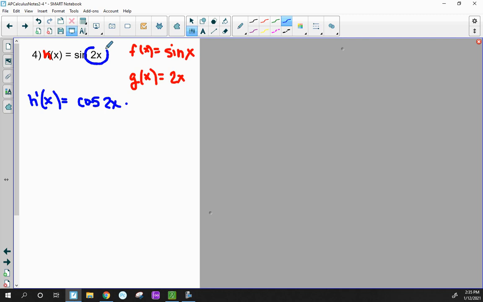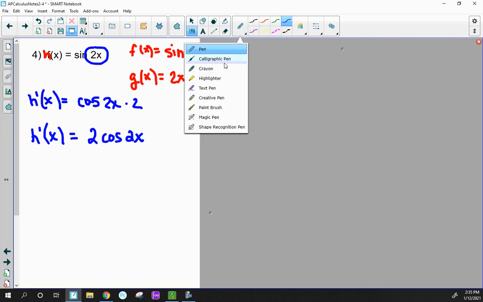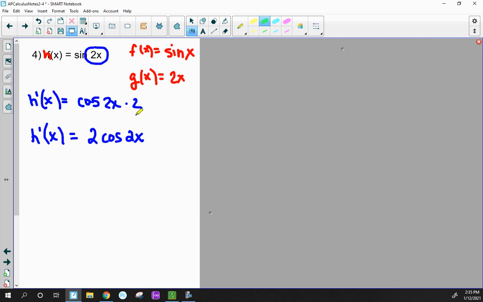Here's the inside piece. The derivative of 2x is just 2. And then let's do a little bit of rewriting here to make it look better. We never leave coefficients at the end anyway, so I'm going to say 1 times 2 is 2. And that's cosine of 2x. So that is my answer.